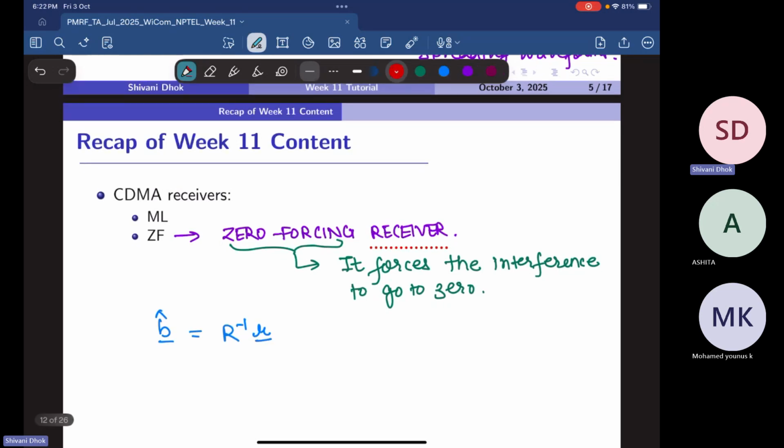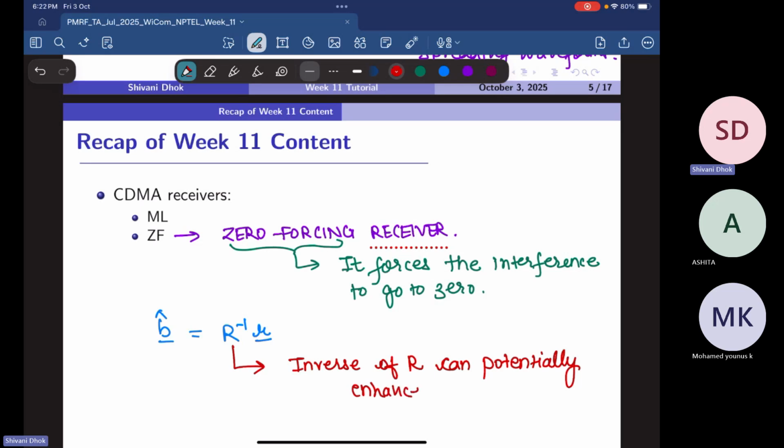But a major drawback of this is that the inverse of R can potentially enhance or increase the noise. So this is the drawback of your zero forcing receiver.